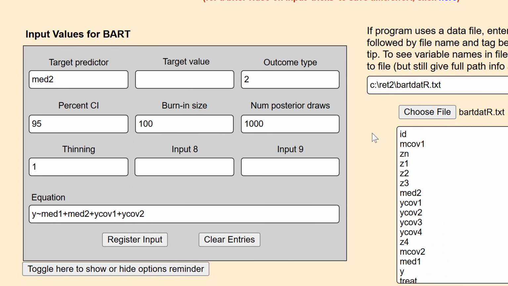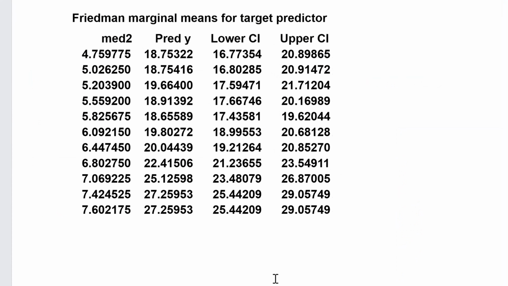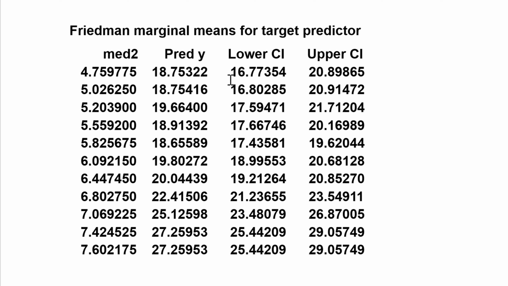Going back to the program, if I want to see what the plot looks like for the first mediator, I would rerun the analysis, but now under target predictor, I would change that to the name for the first mediator. Whatever variable you name as the target predictor, that's what you're going to get the plot for. Now, sometimes when we look at the tabled values, we don't get a value of the mediator that we are particularly interested in.